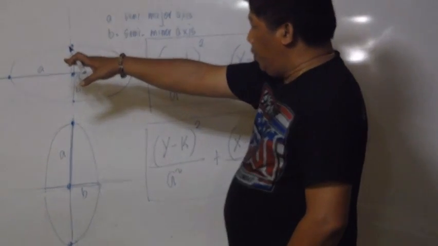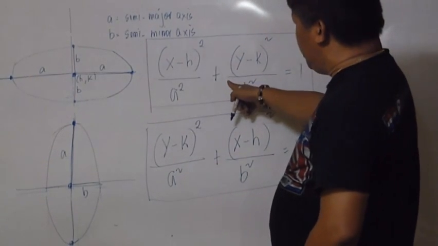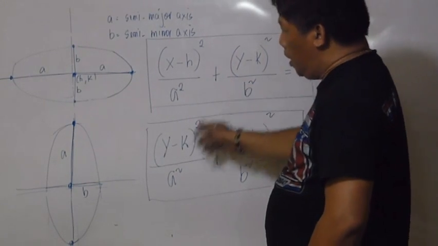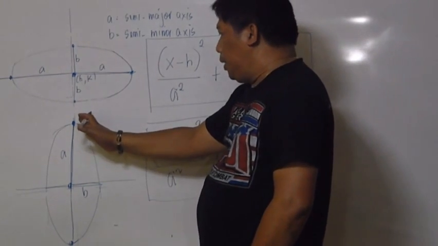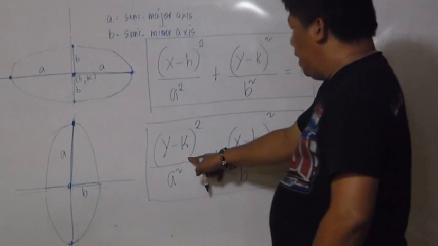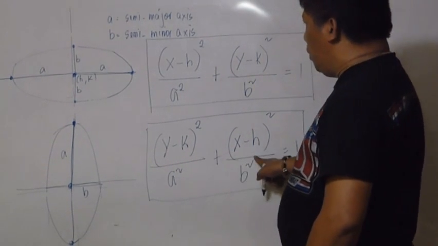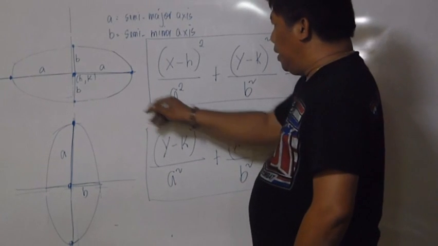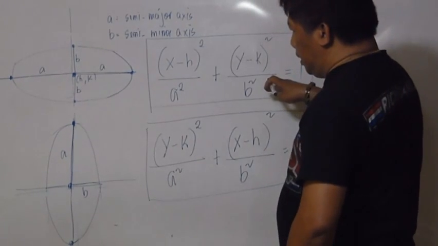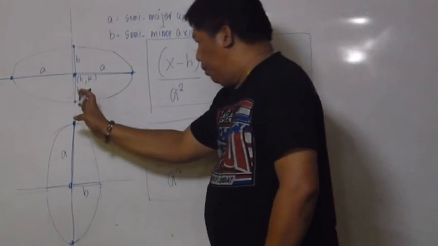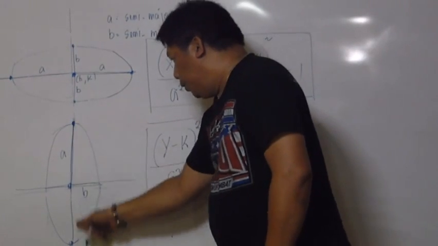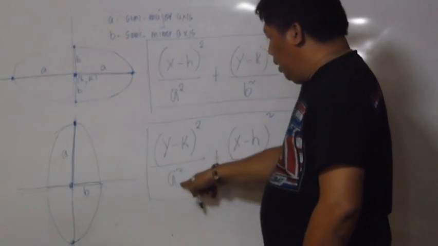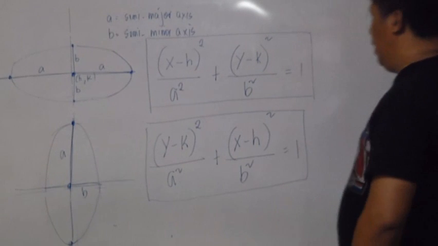If the major axis is along x, we have this as the standard form of an ellipse. If the major axis is along y, we have this as the standard form. Remember, a is the longer axis. That's why if it is in the vertical form, the longer axis is in y, and we have y paired with a.